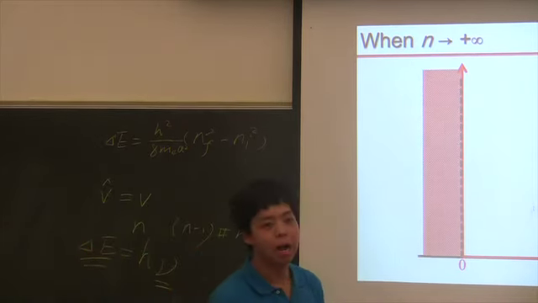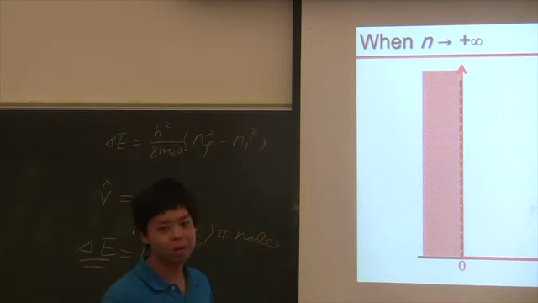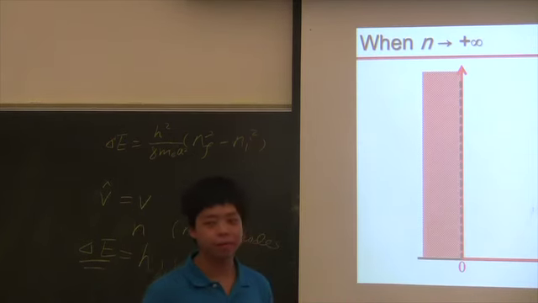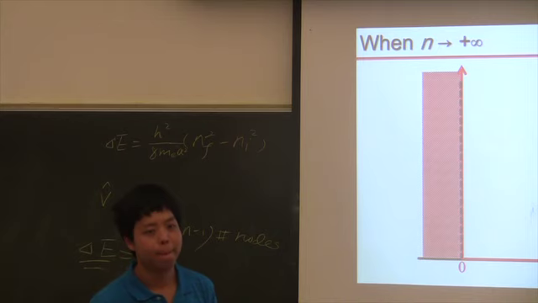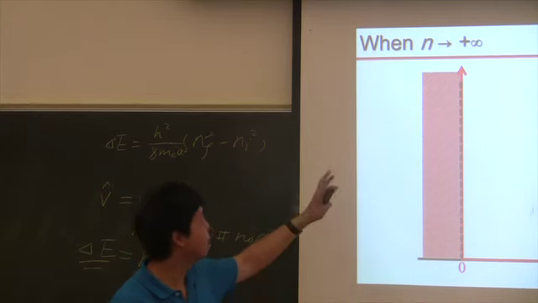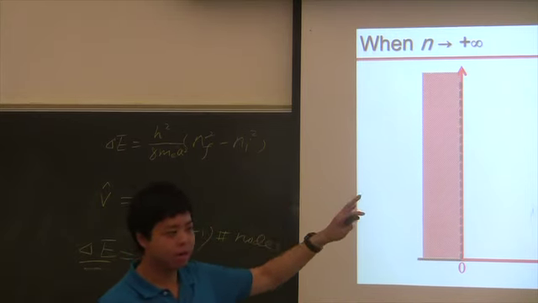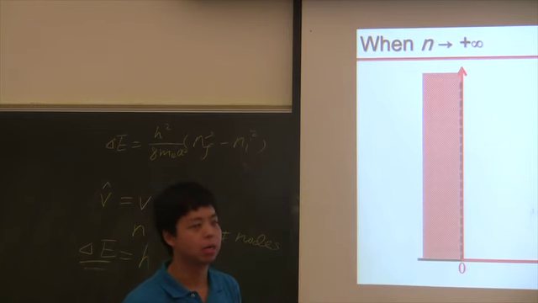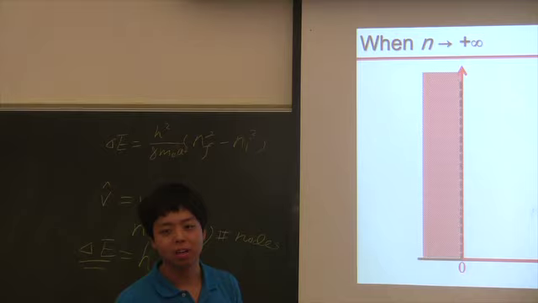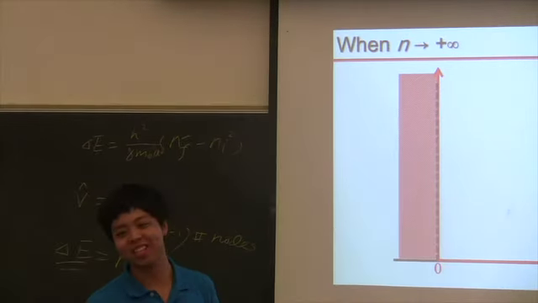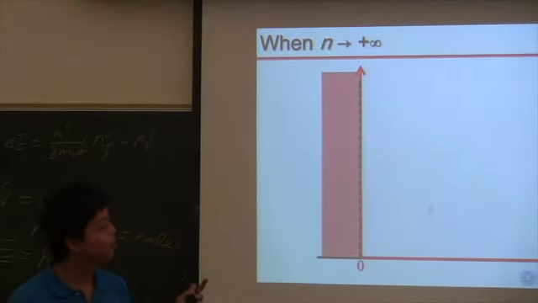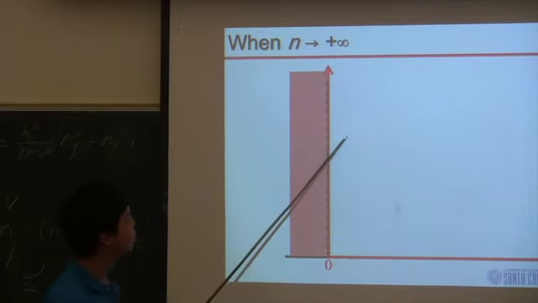Okay. So what happens when n approaches infinity? Let's think about that. When n approaches infinity, what's the number of nodes? Also infinity nodes. Well, infinity minus 1 is also infinity. So there are infinity nodes here.